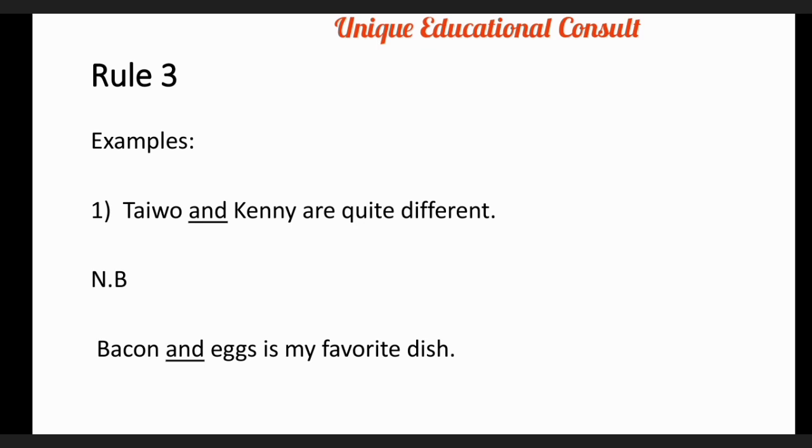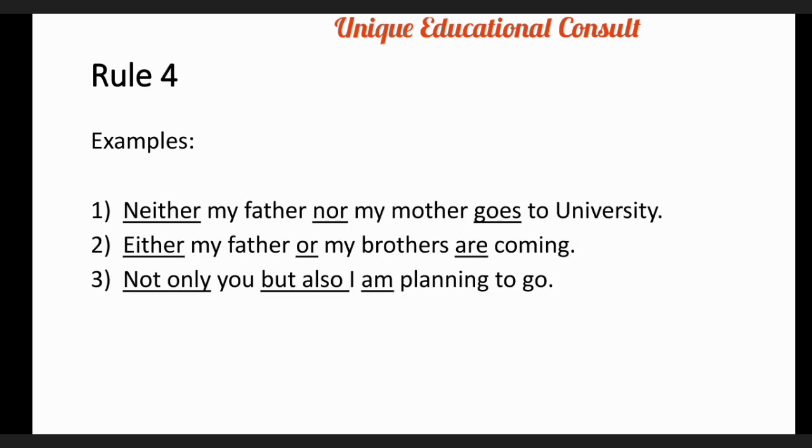Bravo. Now let's move to another rule. Rule number 4. Under this rule, two subjects joined by or, nor, either or, neither nor, not only but also, then take the verb that agrees with the subject closest to it.